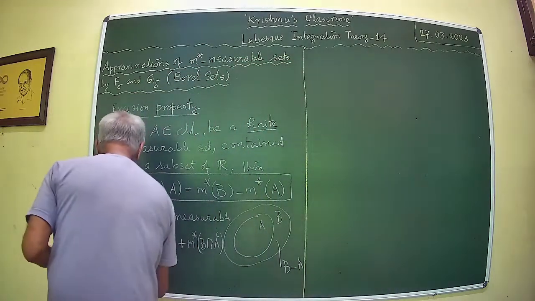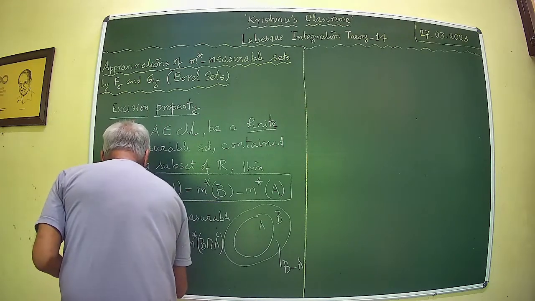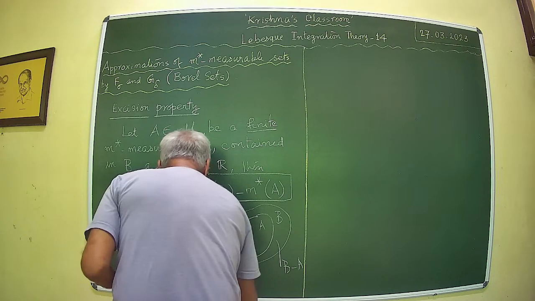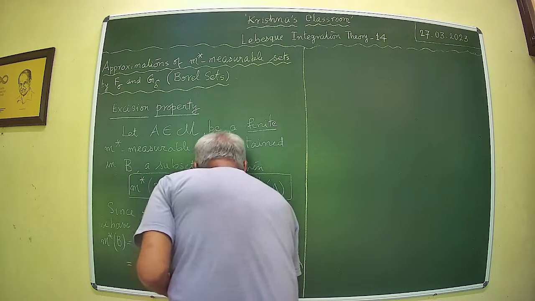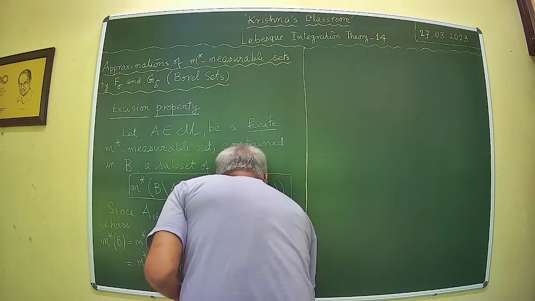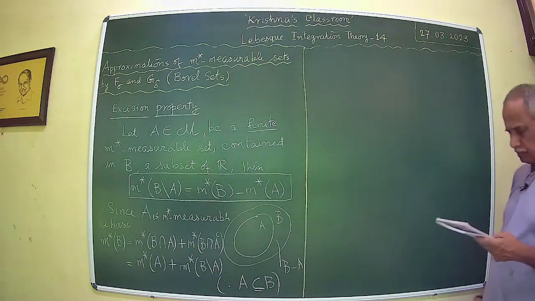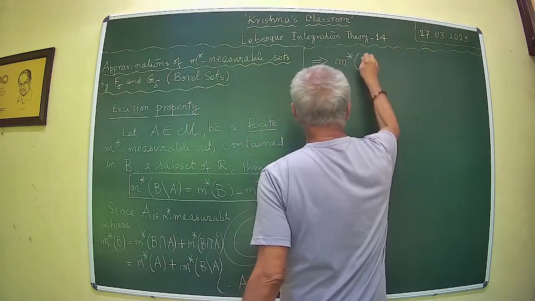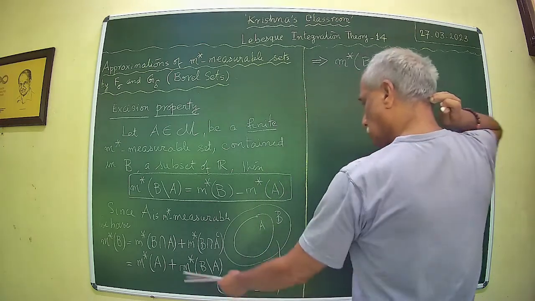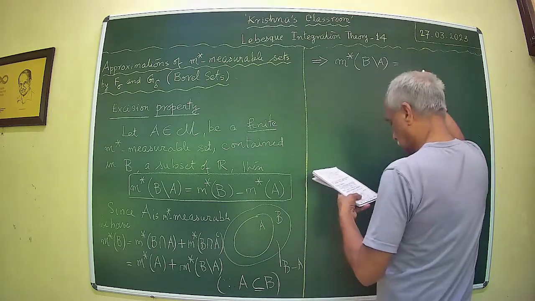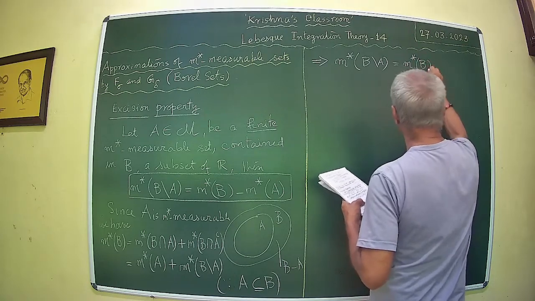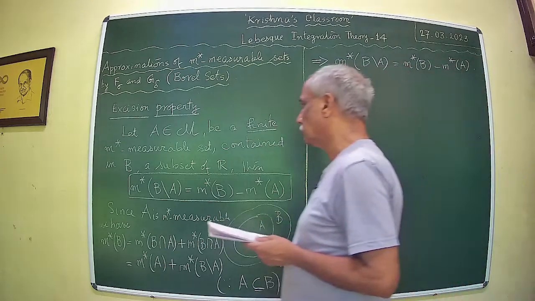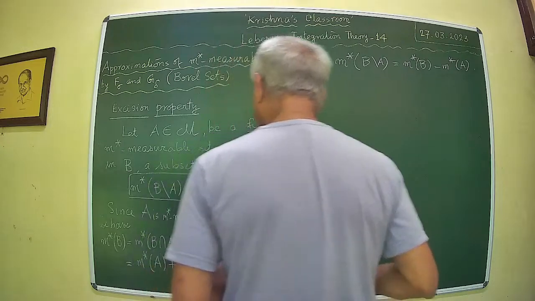Now this is equal to M star of A plus M star of B slash A, because A is a subset of B, and that implies M star of B slash A equals M star of B minus M star of A. Remember, we are assuming A is an M star measurable set, but we have not made any such assumption on E, it is any other set.